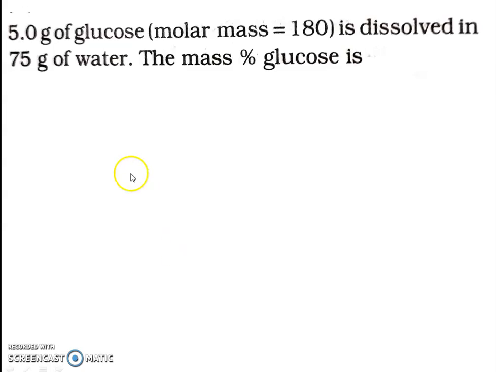Now next problem, a very simple one. 5 gram glucose, whose molar mass is given as 180, is dissolved in 75 gram of water. The mass percentage of glucose is?